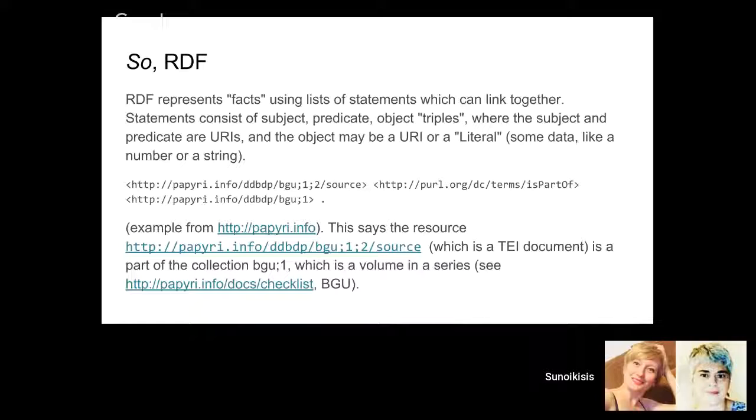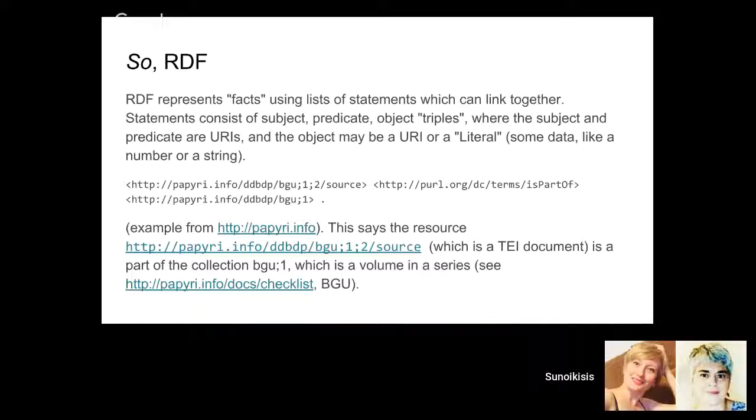So now I'll get to talking about RDF a little bit. Just a quick introduction. RDF represents data using facts. So this is basically lists of statements which can link together. And a statement is a tripartite object. You can think of it as subject, predicate, and object.